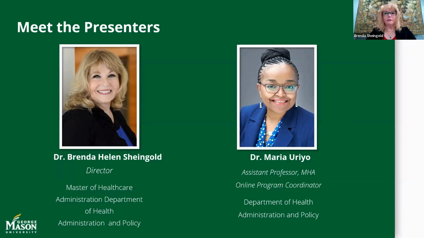We work together with the on-campus students and the online students all the time. And as Dr. Uriyo mentioned, we also endeavor to offer a lot of extracurricular activities for MHAs as a team. So welcome tonight.